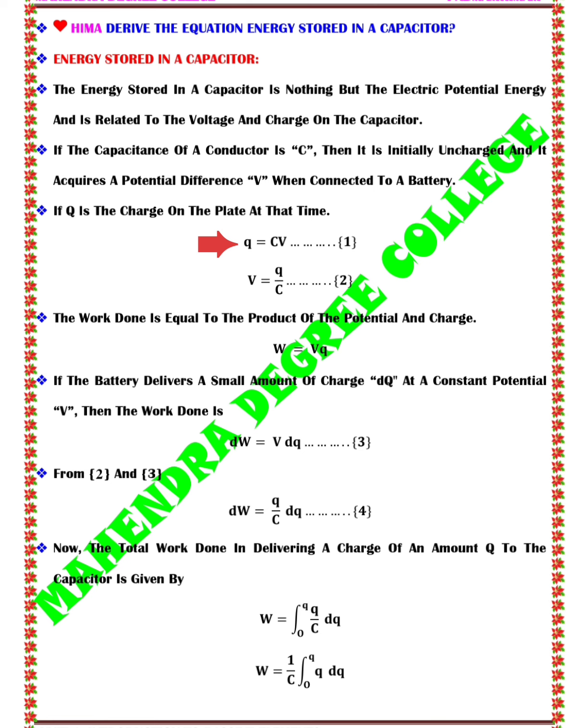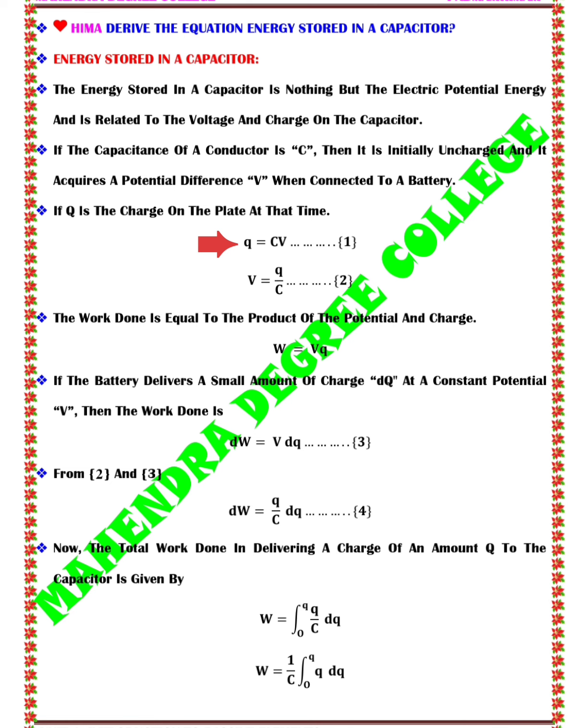C represents the capacitance of the capacitor, which is a measure of its ability to store charge. It depends on the physical characteristics of the capacitor, such as the area of the plates, the distance between them, and the type of dielectric material between them.